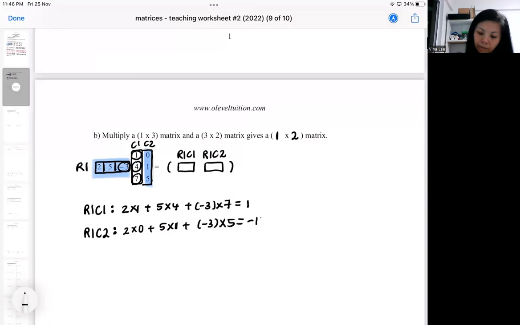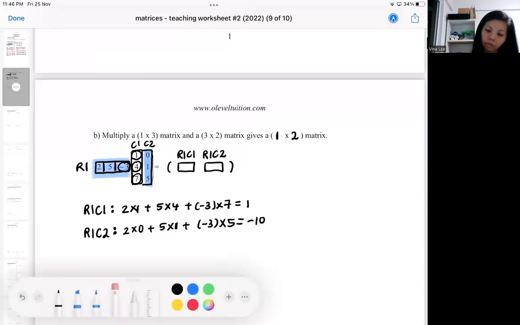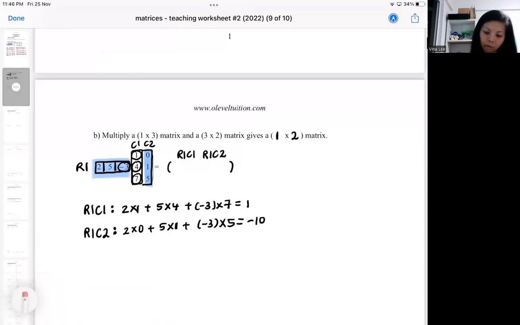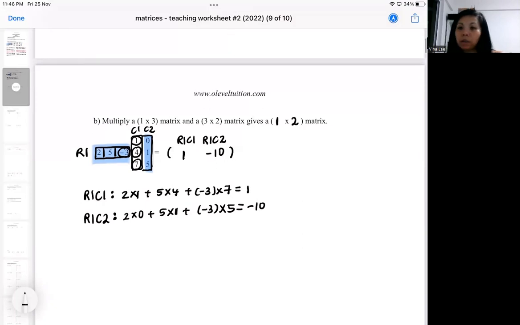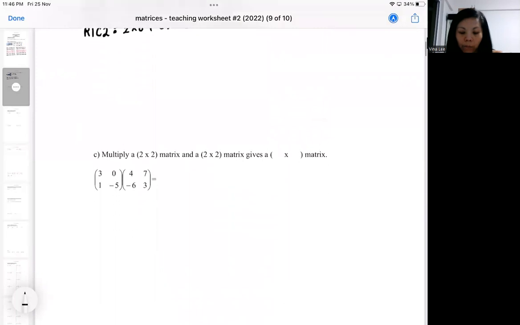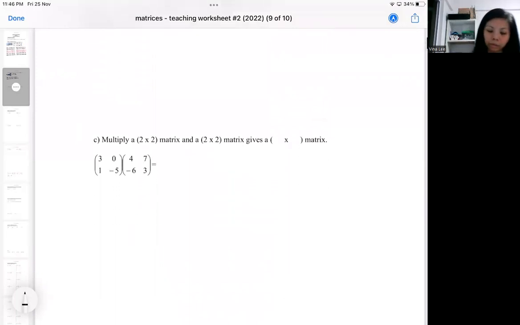You will get a minus 10. So that's how I get a 1 and minus 10. So this is not a very long matrix multiplication, compared to the previous one. That all depends. There are different shape and size. 2 by 2 times the 2 by 2 is the common one.